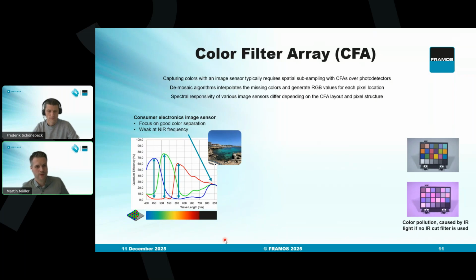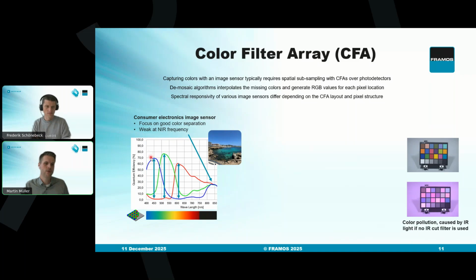That means it will act as a kind of triple band pass on the image sensor surface. And for the most accurate color reproduction, usually used in consumer electronics devices such as smartphones or digital cameras, the focus is on good color separation.